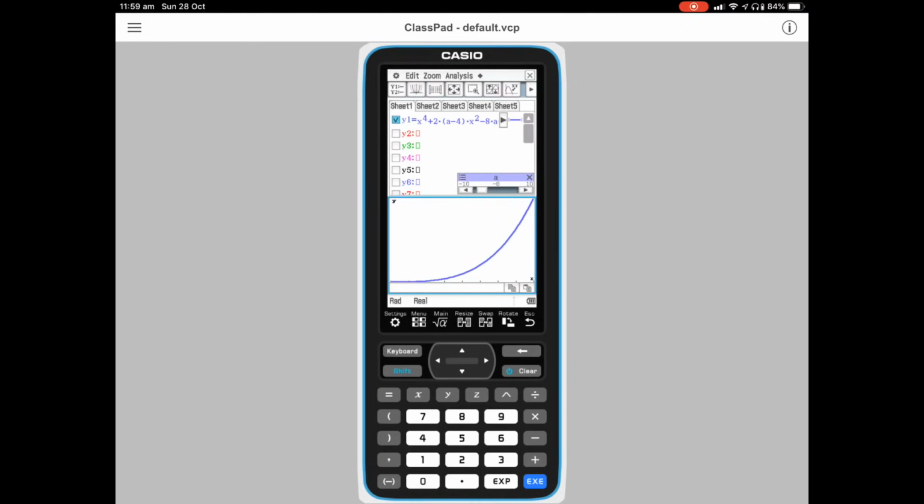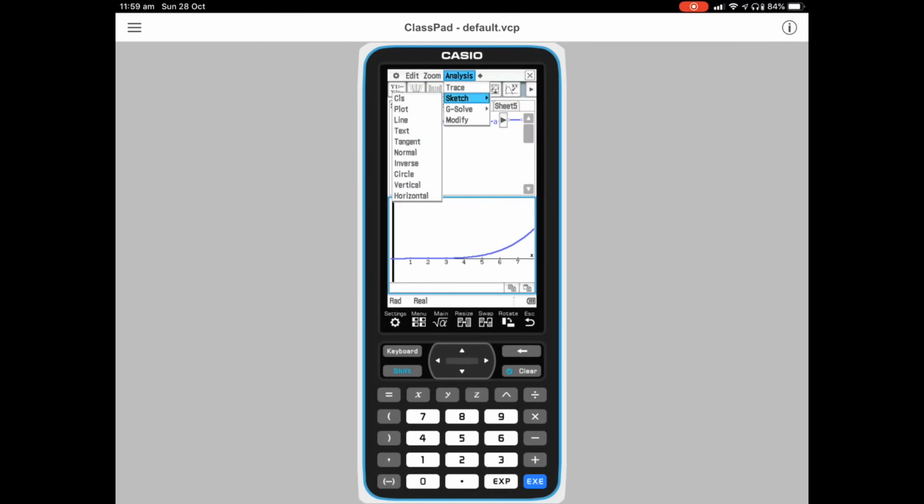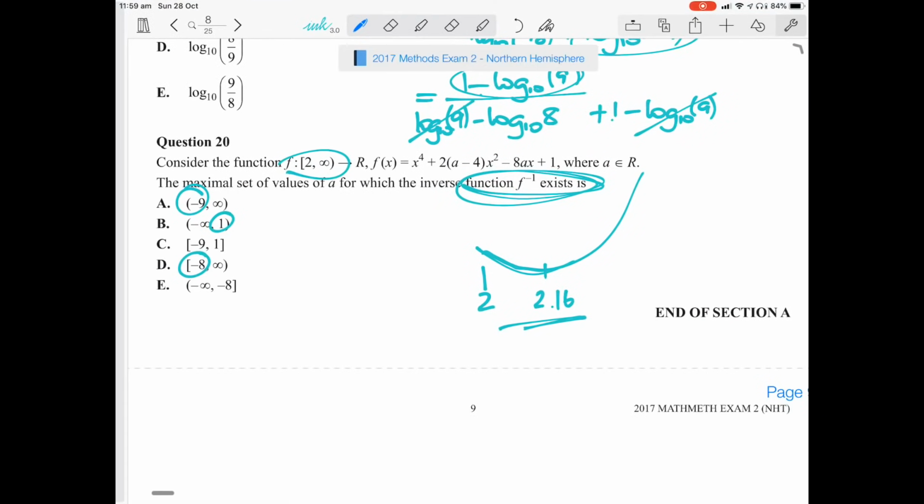So now let's try negative 8. G-solve min. Not found. Let's see where it is. Analysis, G-solve min. Okay, so that must not be, let's see if it's a point of inflection. That is a point of inflection, so that must mean that's the point where our graph becomes 1 to 1, because it's a point of inflection.